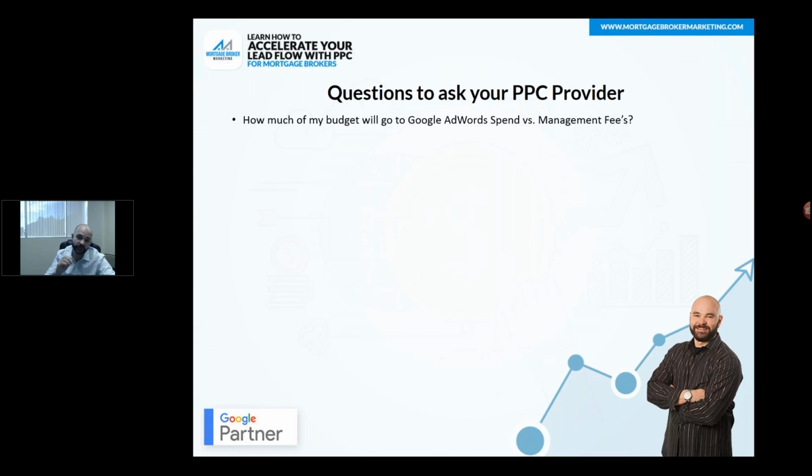With us there is clear transparency, but that's a very dangerous way to play inside of Google AdWords. That's a very dangerous way to spend your money.